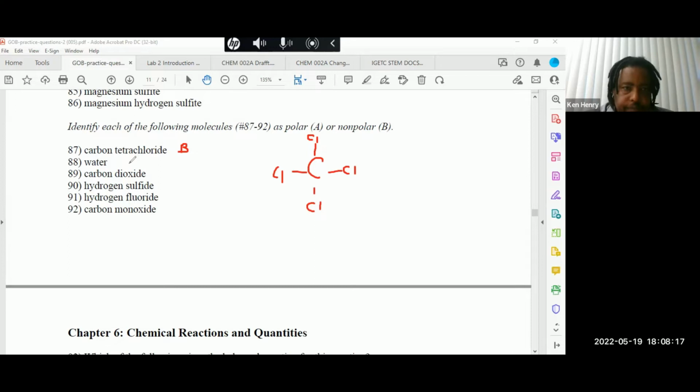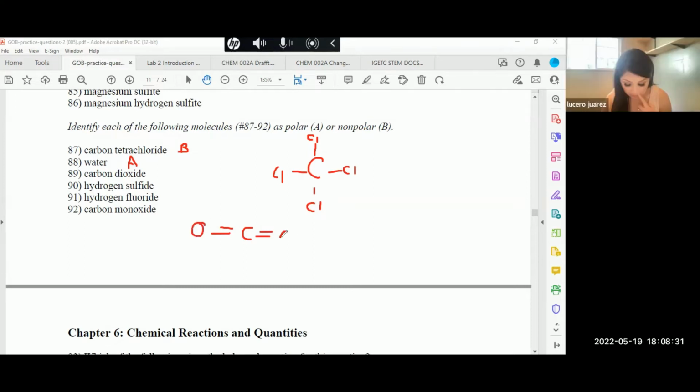That's right. Carbon dioxide, polar. Think about how it looks. Carbon dioxide. See. Yeah, think about it. If you have twins pulling on both sides of you. Oh, nonpolar? That's right. Okay. Nonpolar.